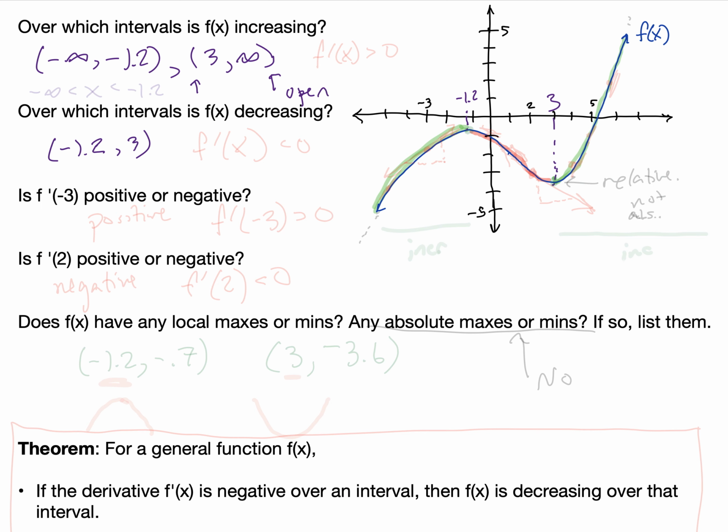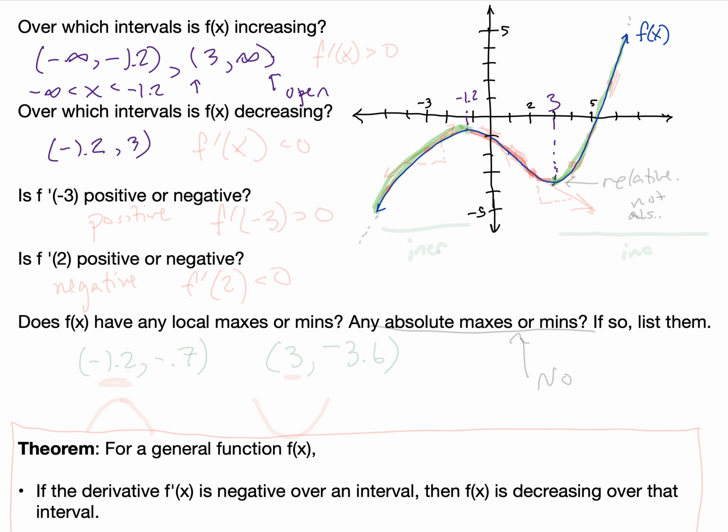So this is neither increasing nor decreasing at negative 1.2 or x equals 3. It is increasing from negative infinity, so negative infinity less than x, which is strictly less than negative 1.2.